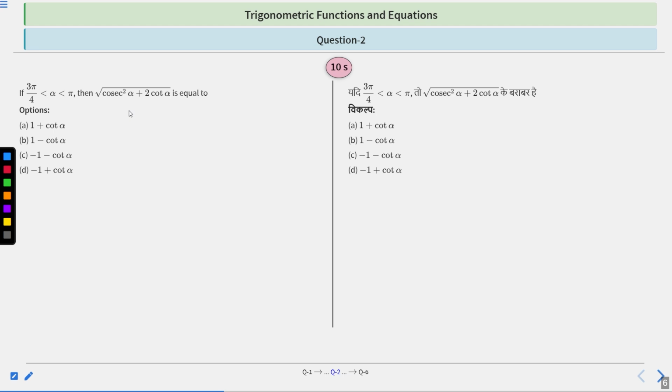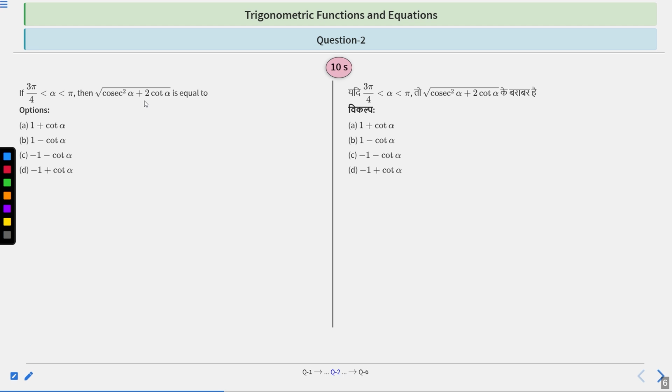And probably the expression inside the square root will be a perfect square, so that you can further simplify it by using this property, that alpha is between 3 pi by 4 to pi. Then the term inside this square root will be what? Positive or negative, right? Clear? So in this way, you can try to approach this question.